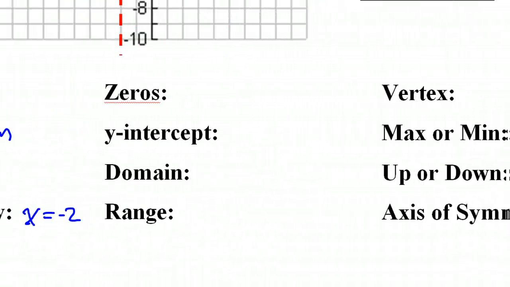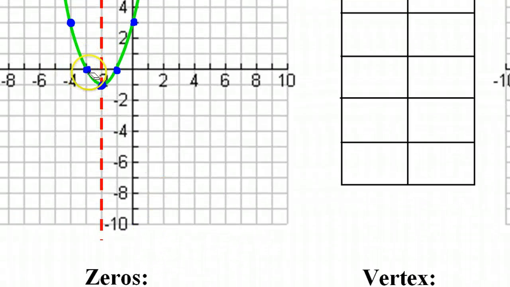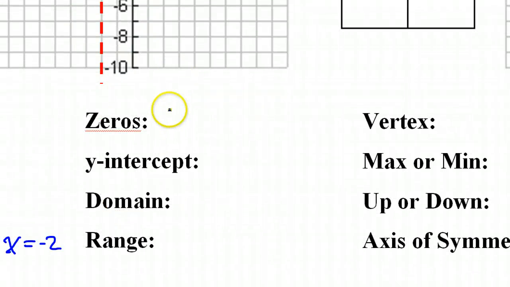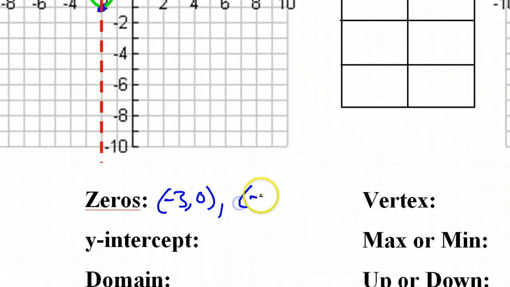Now, zeros are the x-intercepts, and these ones are really clear. Sometimes we have to estimate, but we have -3, 0 and -1, 0. These are the two x-intercepts. So -3, 0 and -1, 0.